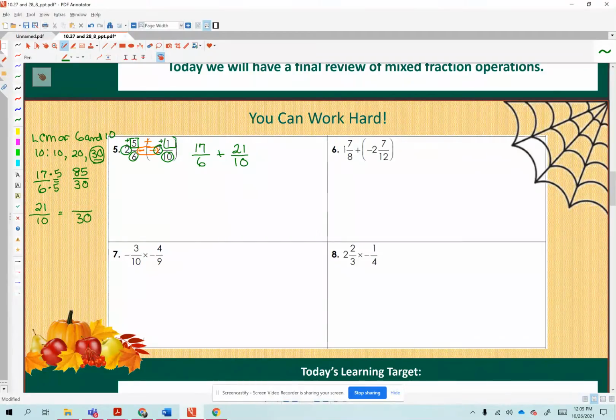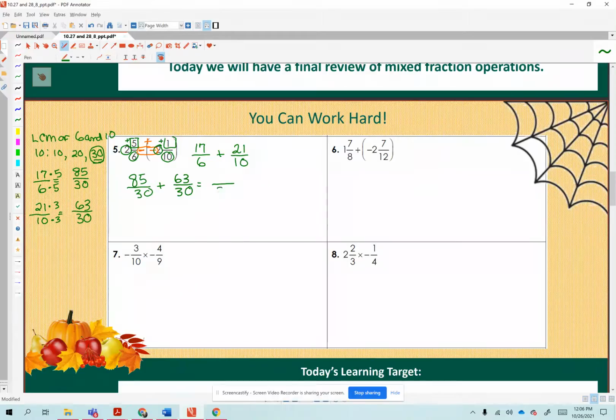And you might need a calculator to do that. I know that 10 times 3 is 30, and 21 times 3 is 63. So I can rewrite this problem as 85 over 30 plus 63 over 30.